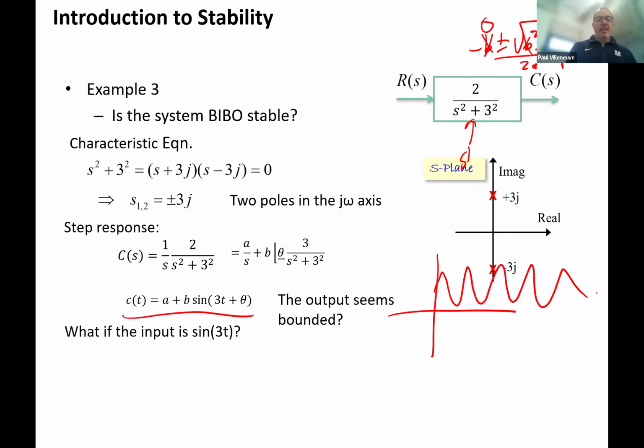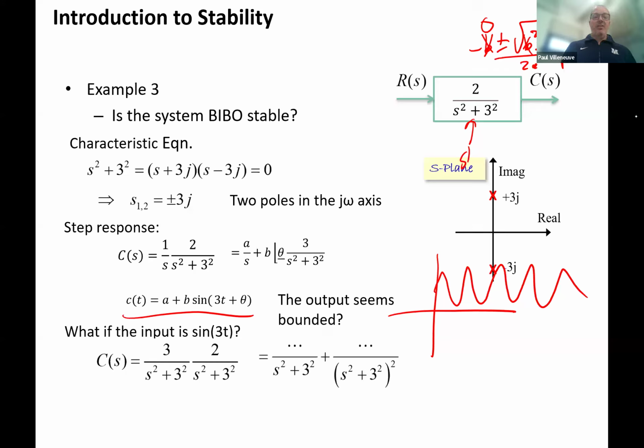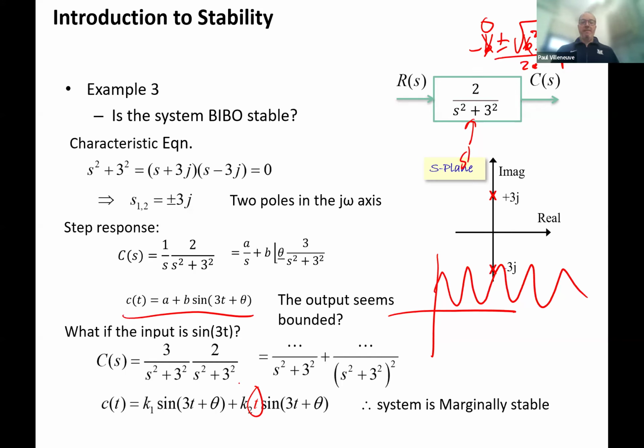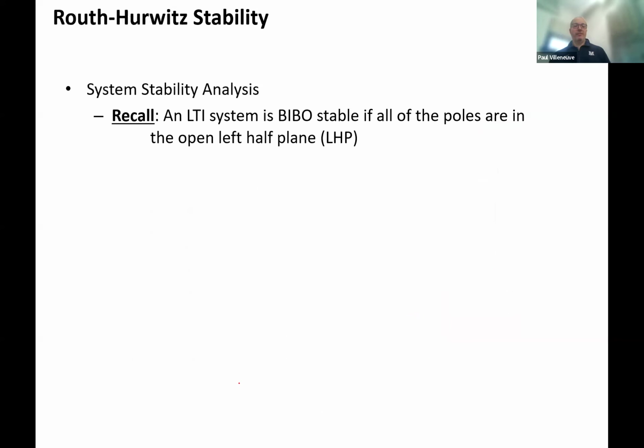But if I was to hit it with a sine wave at the same radian frequency, or the natural frequency, what do I end up getting in the time domain? A t out front here. And as time marches on, that K2 term becomes larger and larger and larger until the system blows to instability. So that's why it's a marginally stable system.